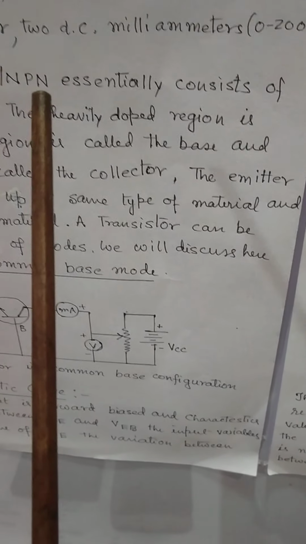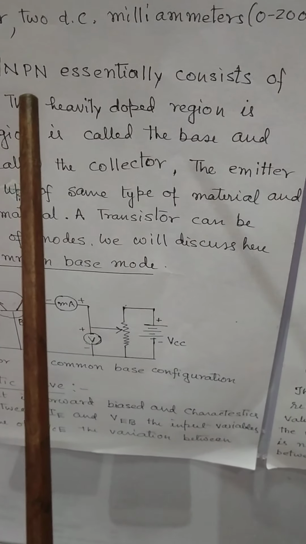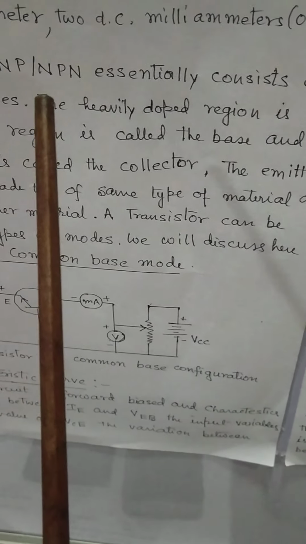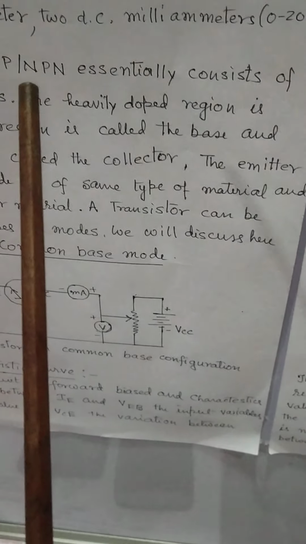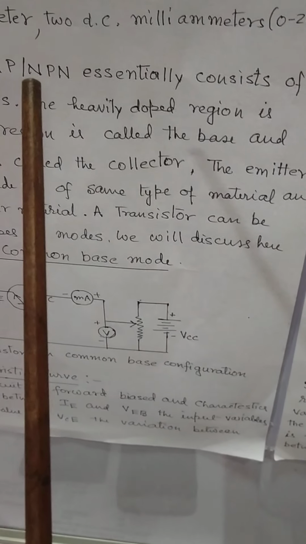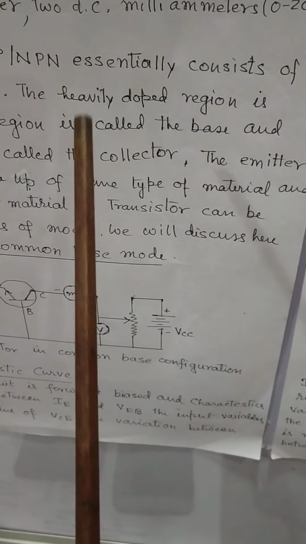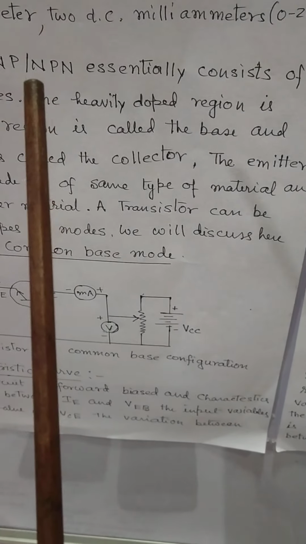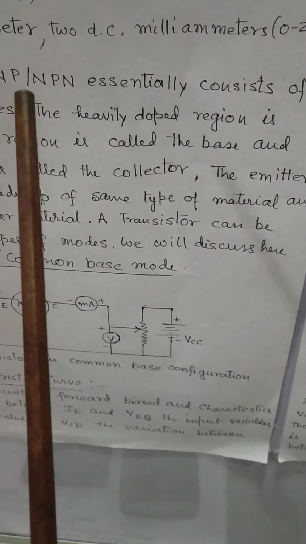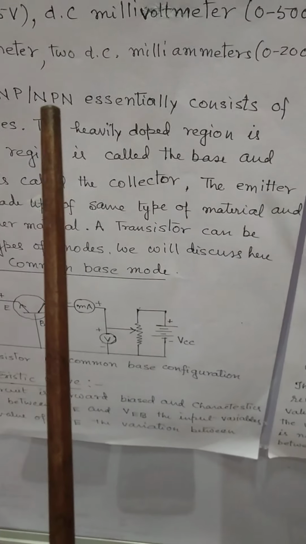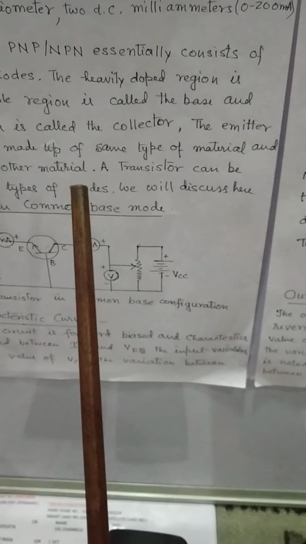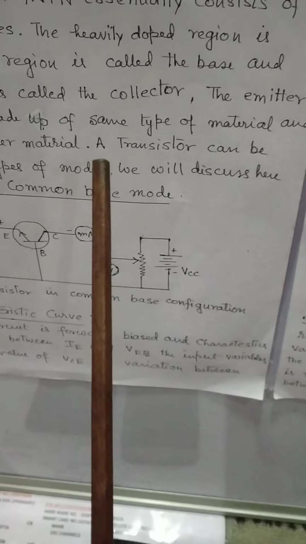The P type material is in the middle and it is sandwiched between the two N type materials, that are the emitter and the collector. The majority charge carriers in N type material are electrons, and in P type material the majority charge carriers are holes.